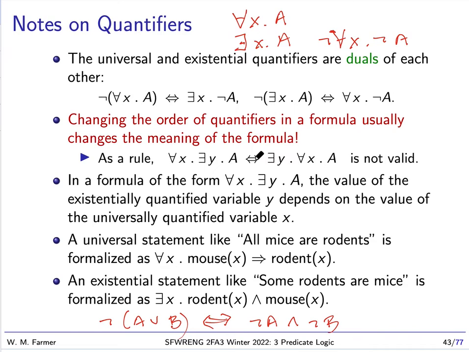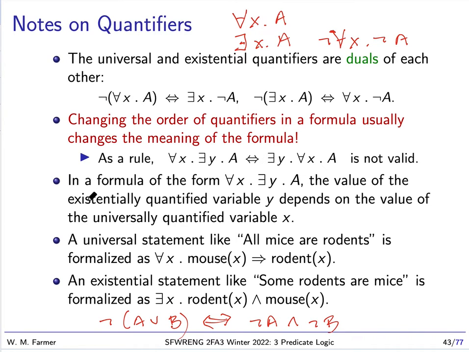Now, another thing I want to mention is that changing the order of quantifiers usually changes the meaning of the formula. So if I have for all x there exists y A, that is not always equivalent to there exists y such that for all x A. So I'll let you think about that, come up with some examples of why that's true.